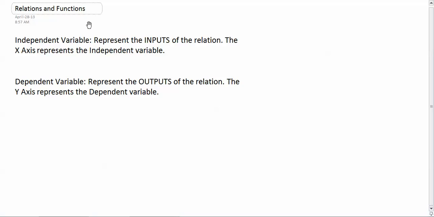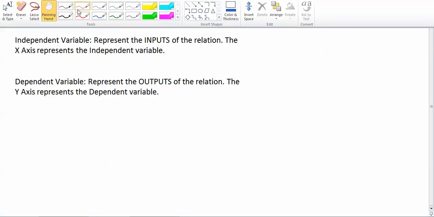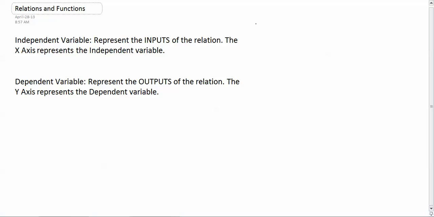So let's take a look at a relation here. Now this relation is a special case because it's also a function. We're going to take a look at the distinction of that in a moment. So let y be equal to 3x squared minus 2x plus 1.